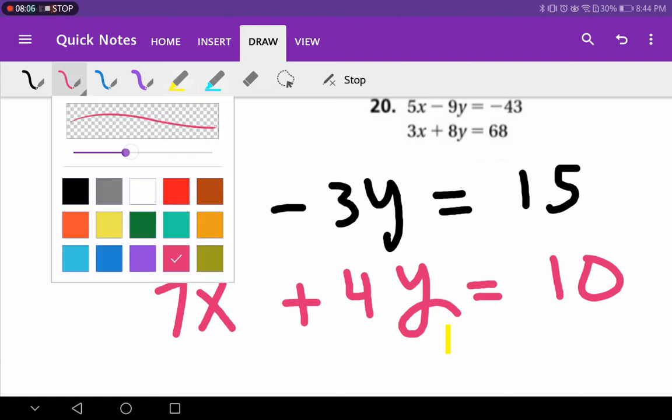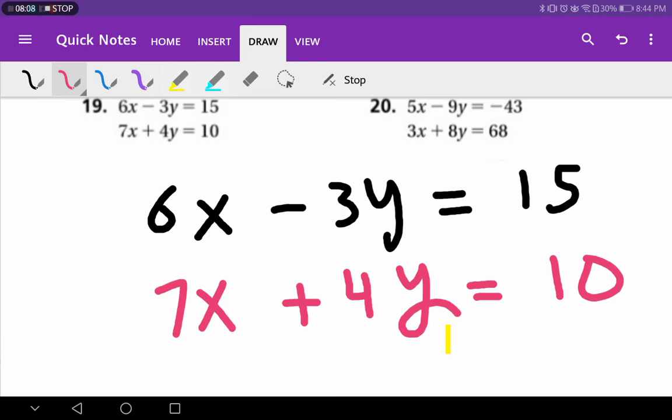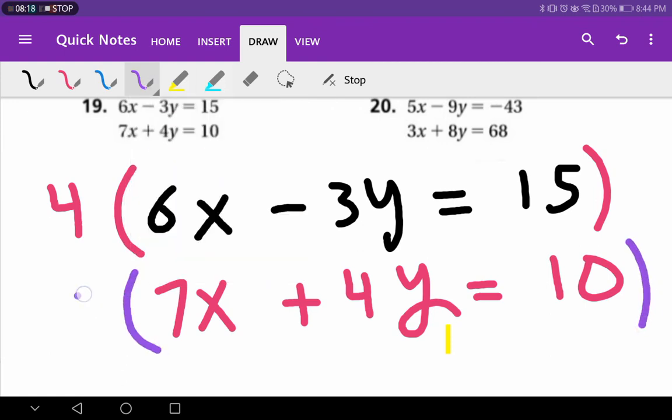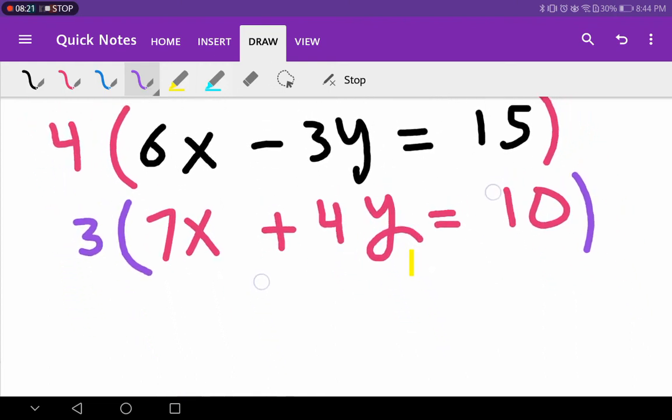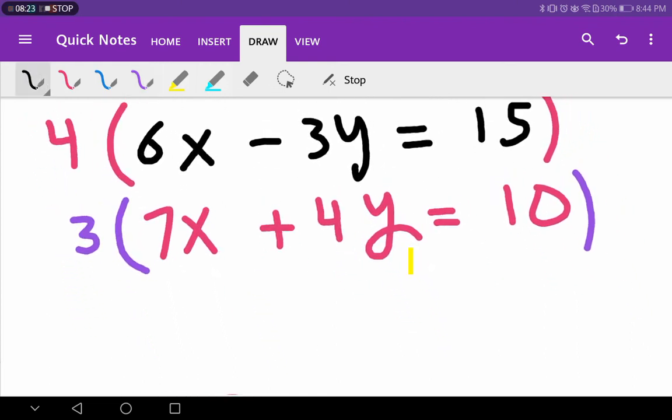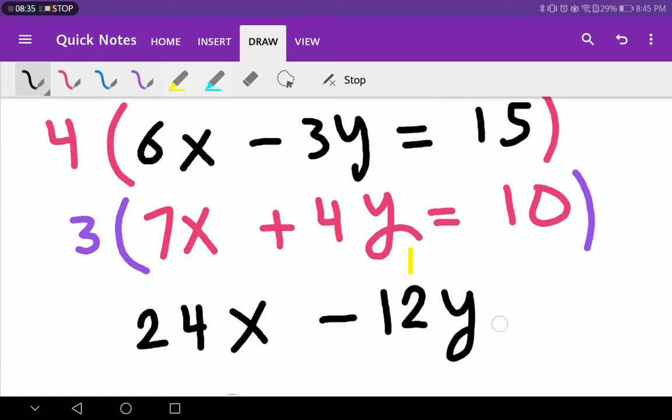So, this by 4 and this by 3. Okay, the first equation will be 24x minus 12y equals 60.